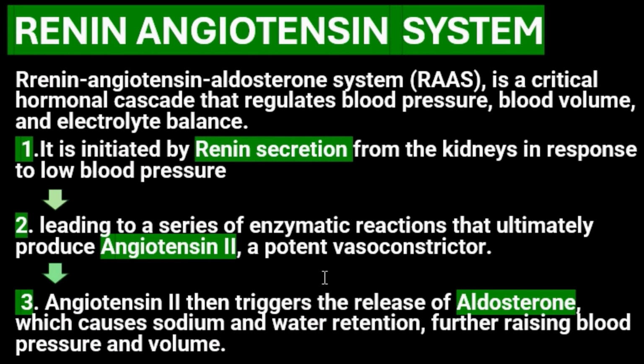Then third step, angiotensin II triggers the release of aldosterone, which causes sodium and water retention, further raising blood pressure and volume. This is the way our body maintains homeostasis, or maintains the blood pressure, by the renin-angiotensin-aldosterone system.